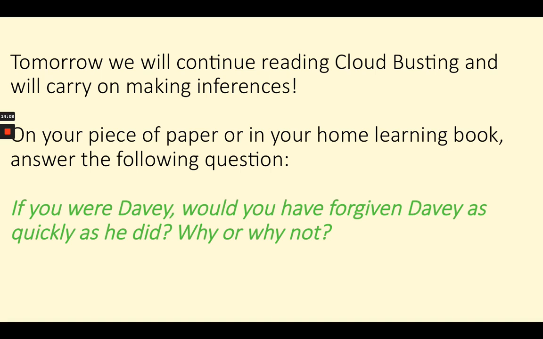Why or why not? Year 6, please forgive my error here. If you were Davy, would you have forgiven Sam as quickly as he did? Why or why not? Have a think and answer this question in a few sentences or a short paragraph.